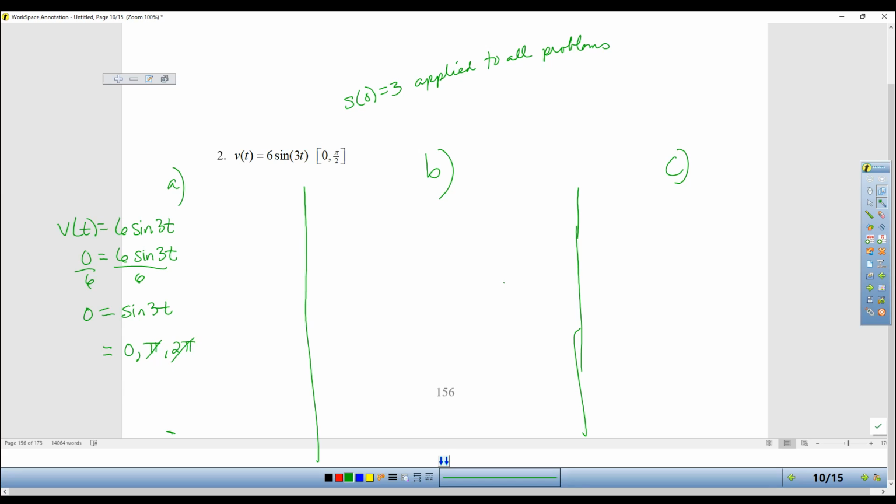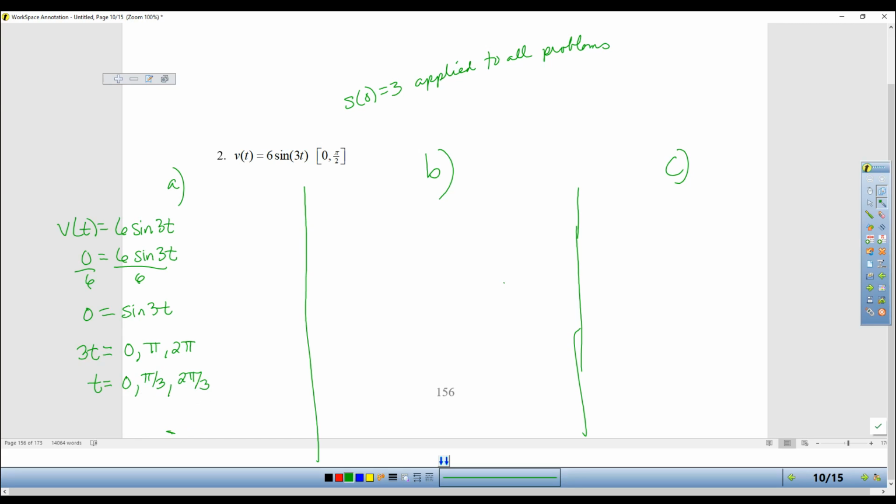We don't even care about those. Or do we? We do need them. Okay, this is the mistake that so many kids make because this is 3t. Then to actually find t, we get 0, pi thirds, 2 pi thirds.